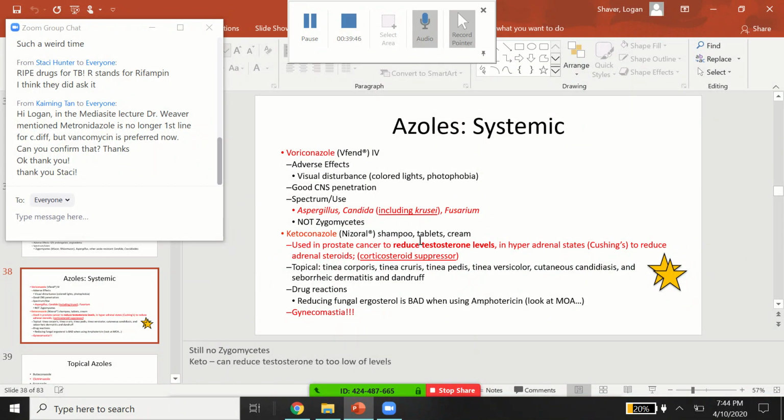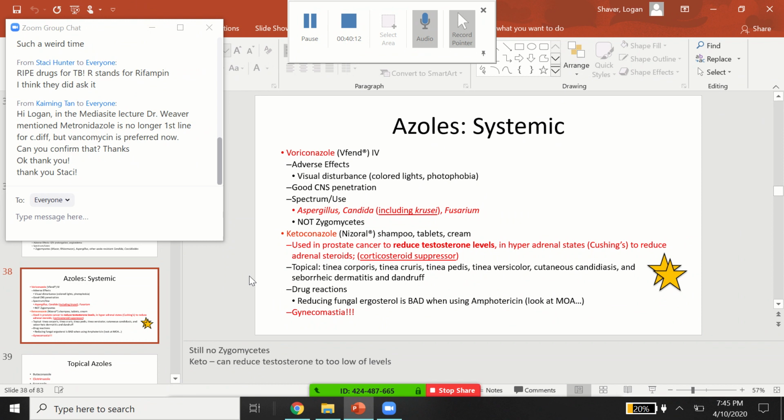It's used in prostate cancer to reduce testosterone levels, and in hyperadrenal states, such as Cushing's, to reduce adrenal steroids, so therefore it can be known as a corticosteroid suppressor. The thing to really also remember with ketoconazole is the gynecomastia, and you can relate that with the decreased testosterone levels. It's just an easier way to think about it.